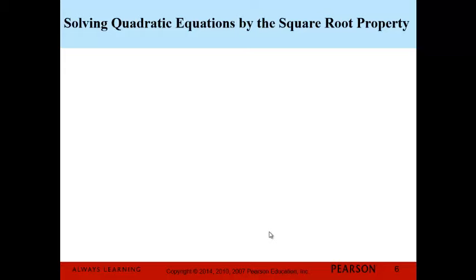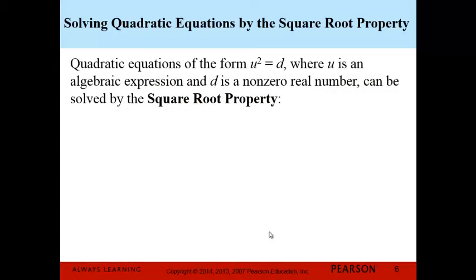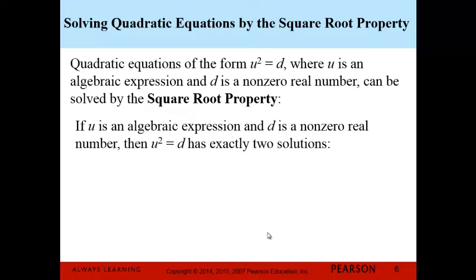Another method for solving quadratic equations is the square root property. This property involves equations that have the form u squared equals d, where u is an algebraic expression and d is some non-zero real number. The square root property says that u squared equals d has exactly two solutions.